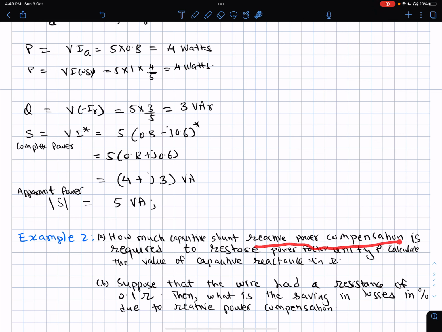It's a reactive power compensation, so there will not be any average power consuming element there. So it is either L or C. But since our circuit is inductive, to compensate that particular part, I am going to use a capacitive compensation. Question is how much is it required to restore the power factor to unity.